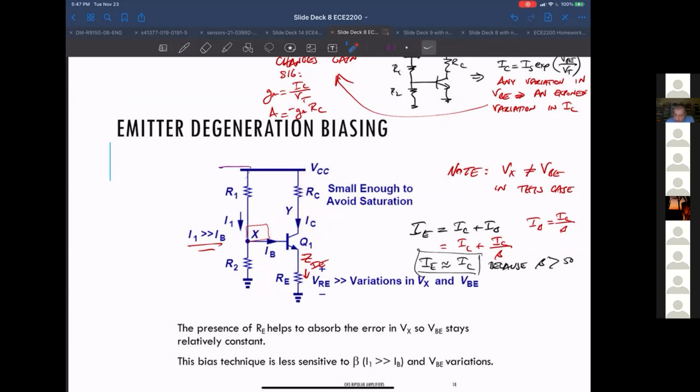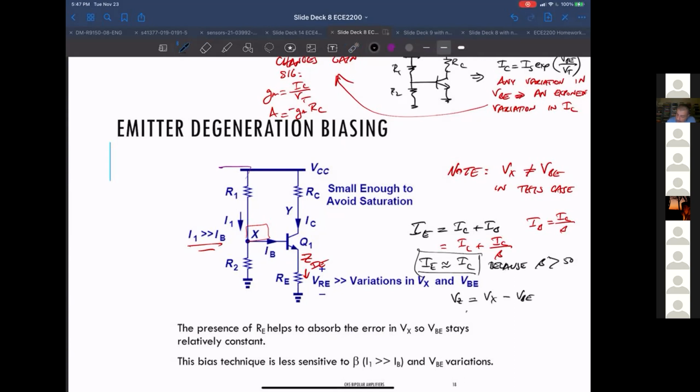Well, I know I'm dropping this voltage VBE. So the voltage here is V sub X. There's a VBE drop, so V sub Z is V sub X minus VBE.